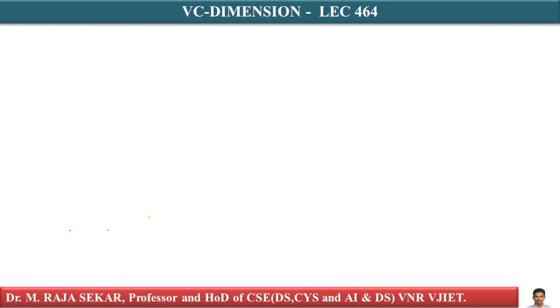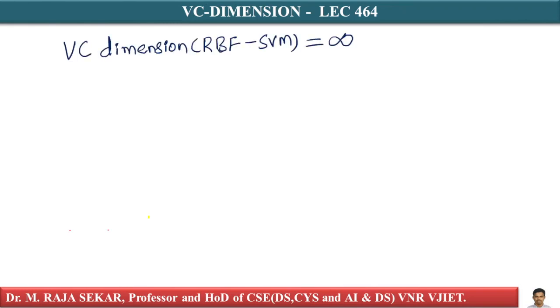The VC dimension of RBF kernel SVM is infinity, which means this is a very powerful idea. Remember, VC dimension was created by Vapnik, who also created support vector machines and kernelized SVMs like RBF SVM. He shows in his work that RBF SVM is super powerful.